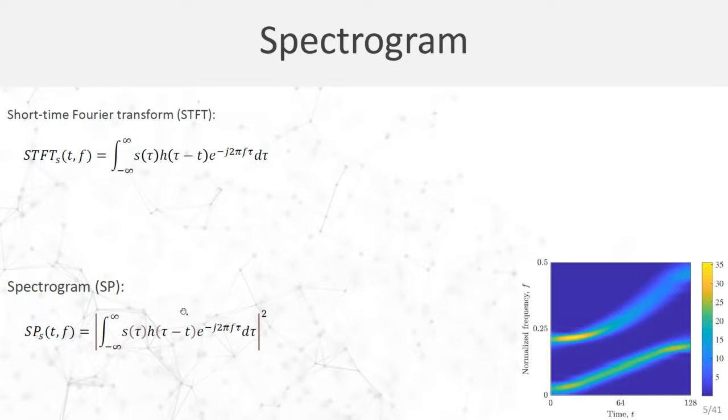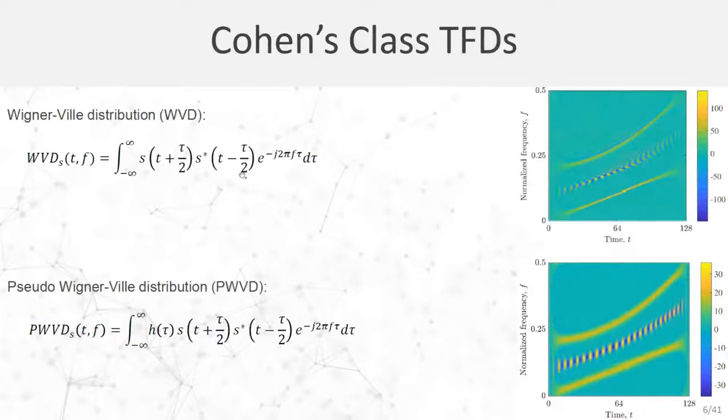The spectrogram has very low interference terms, but on the other hand, it has a poor time-frequency resolution property where it cannot achieve simultaneously good resolution both in time and frequency. And of course, for each distribution we will see on these slides, we also give how it looks for our two-component signal example.